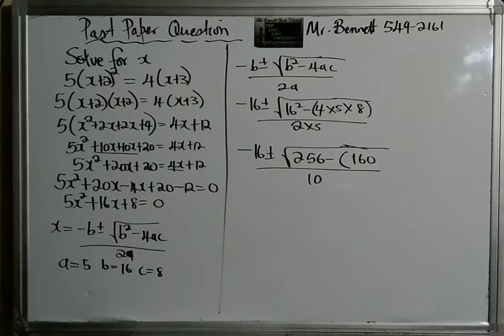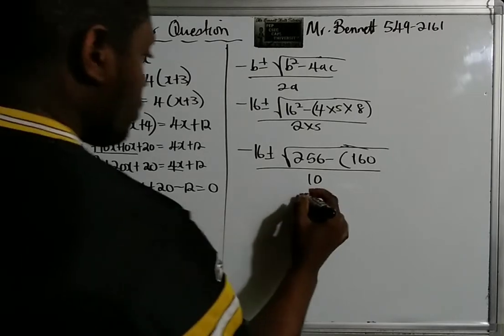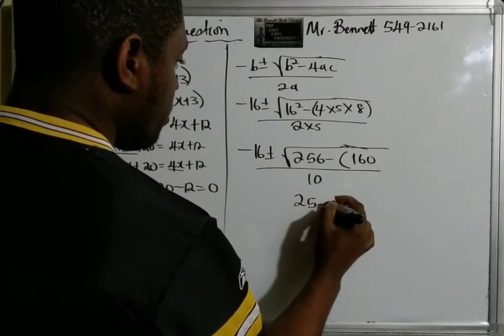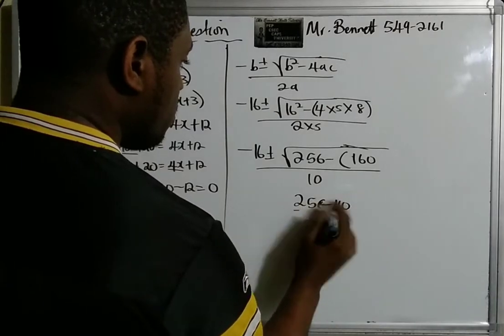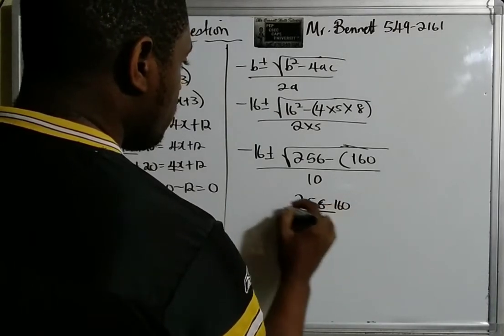Now we're just going to tidy up, so it's 256 minus 160 over 10.